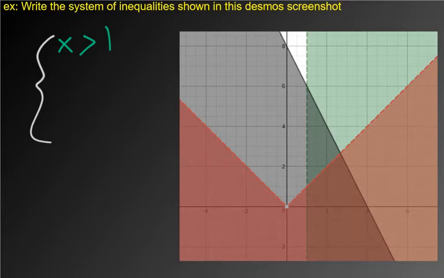And we'll do maybe the red one next. The red one is also not equal to, and it's an absolute value, and really it's just our normal absolute value. So we would just say y is less than the absolute value of x. And then last but not least, I'll do gray, and this is just a line, and it has a y-intercept you can see of 8 up here, right?